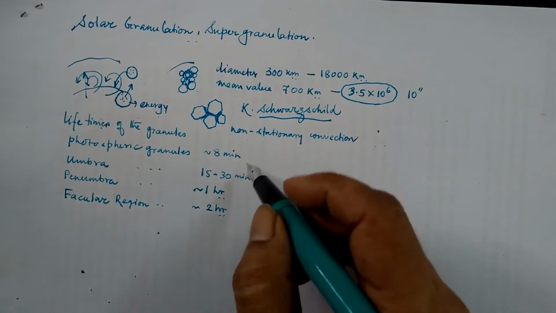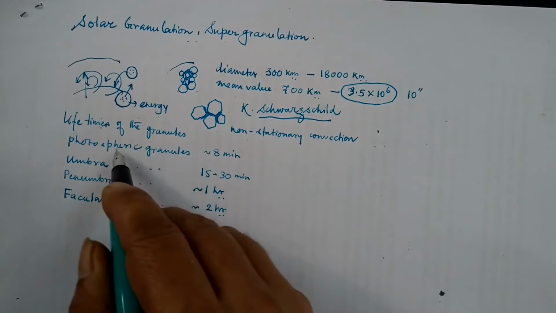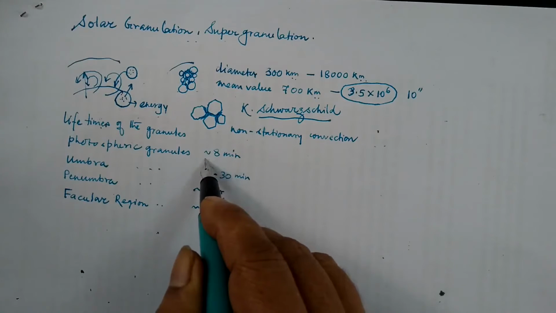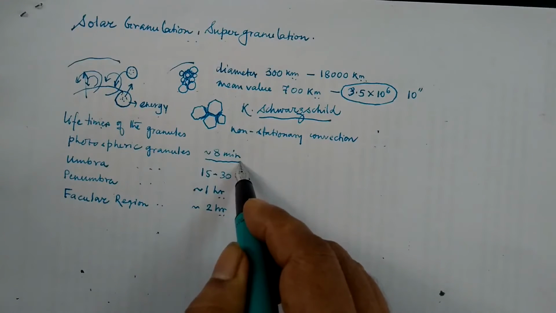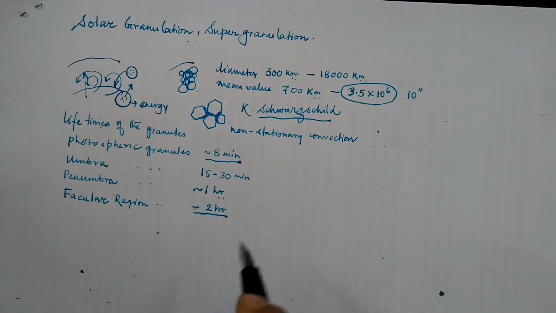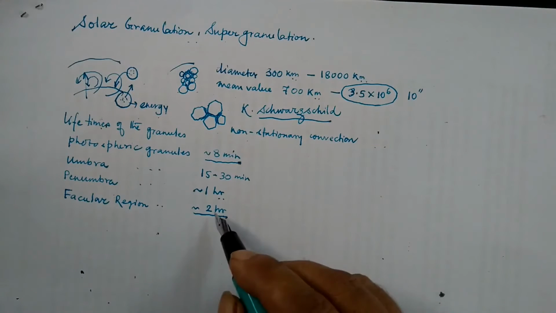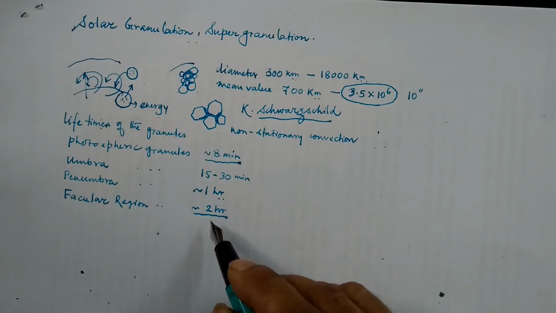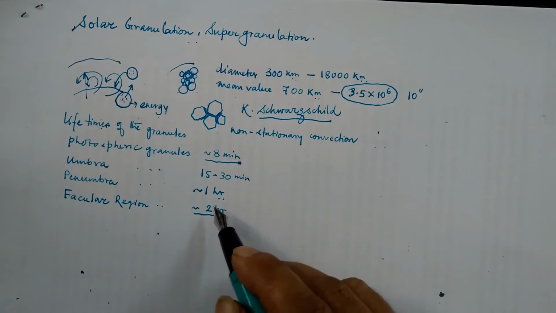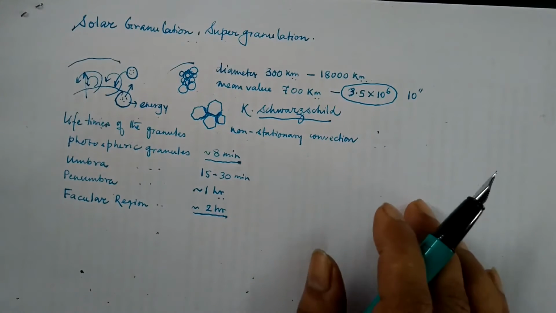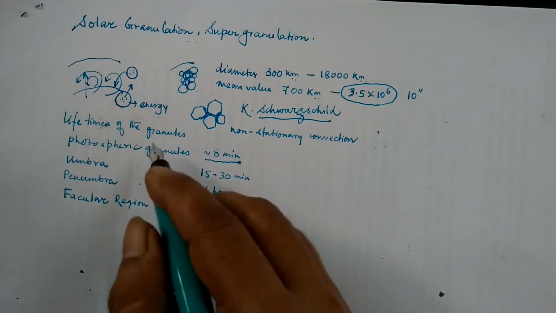This means that in the photospheric region, the convective transfer happens much faster than at the facular region. Lifetime 2 hours means the cell that I see on the facular region stays for 2 hours. So that means the convective radiation transfer happens at a much slower rate. So these are the lifetimes of the granules.